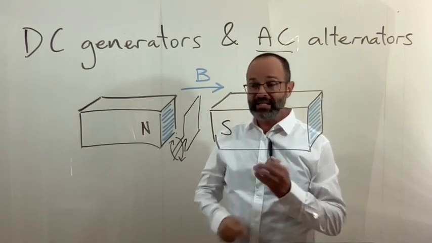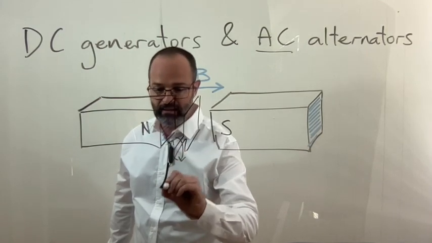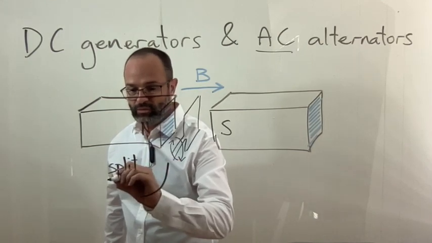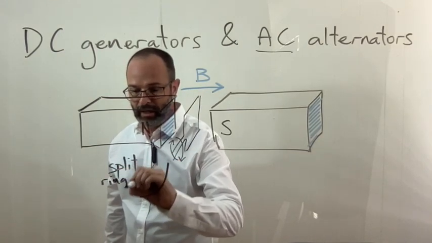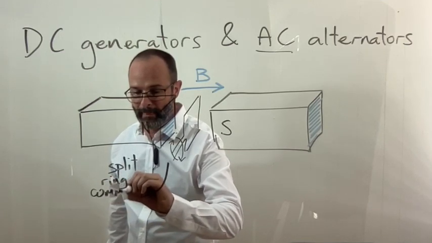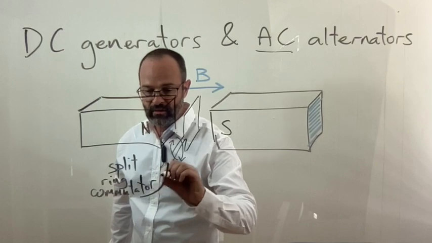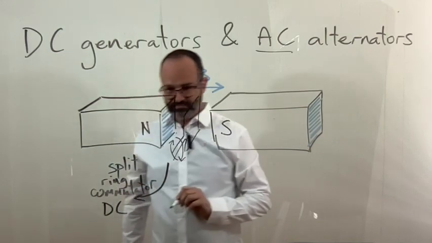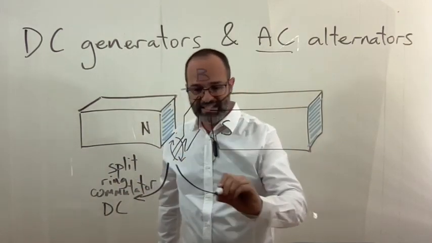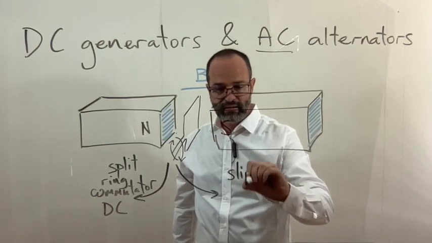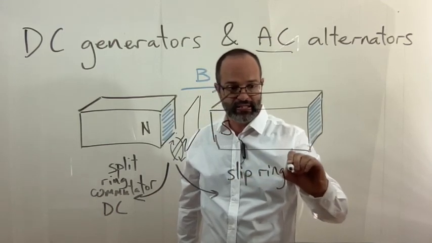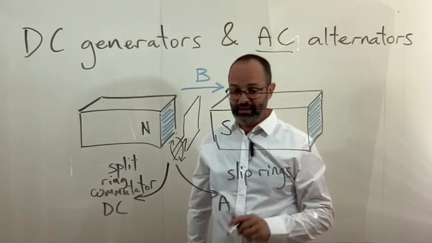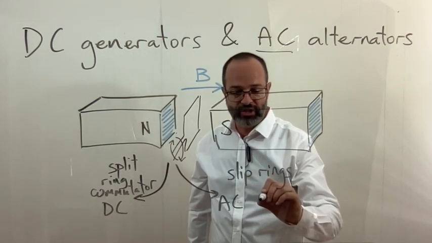So if it is a split ring commutator, and we remember that that is a very important term to learn, split ring commutator, then what you will get is DC, and if you have slip rings, unfortunately they have a very similar name, you will get AC, and you tend to not call that a generator, you call that an alternator.